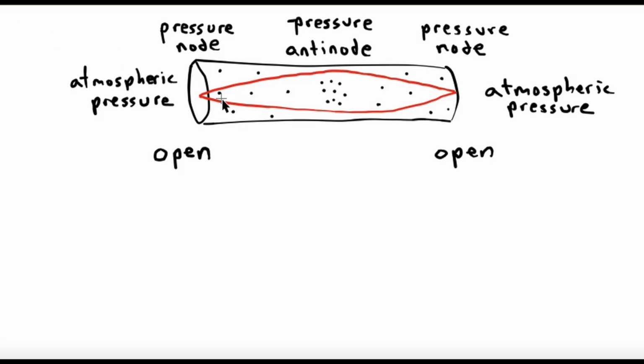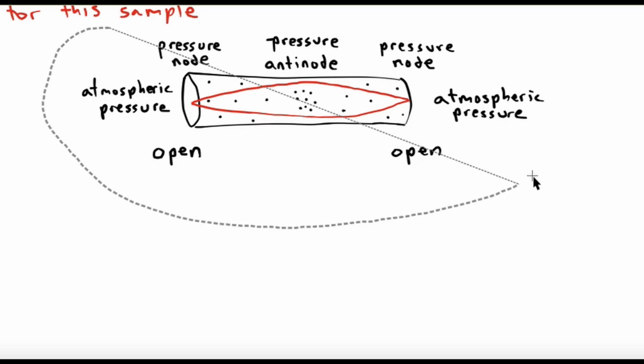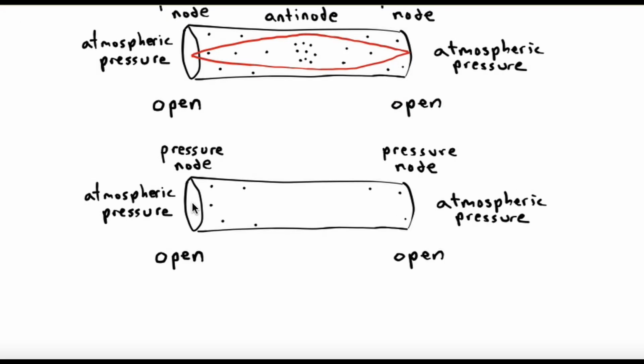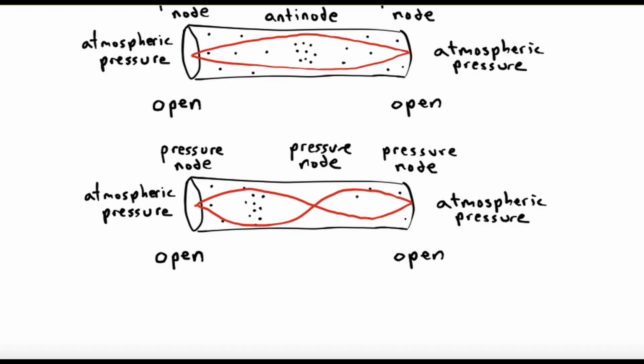You're also allowed to have 2 footballs. And so what that would look like is this. And so here you have a node in the middle and an antinode here, so you can have high pressure at 2 locations as long as you have normal pressure in the middle and at the ends.